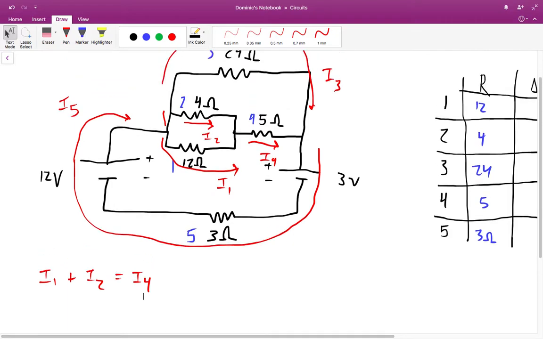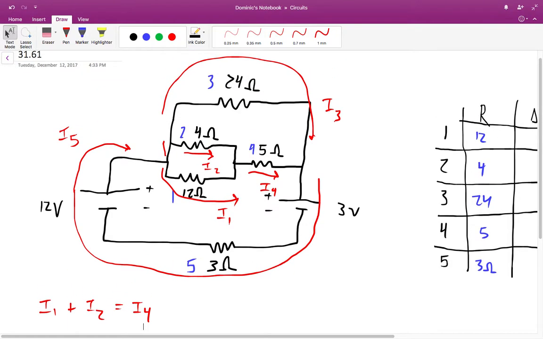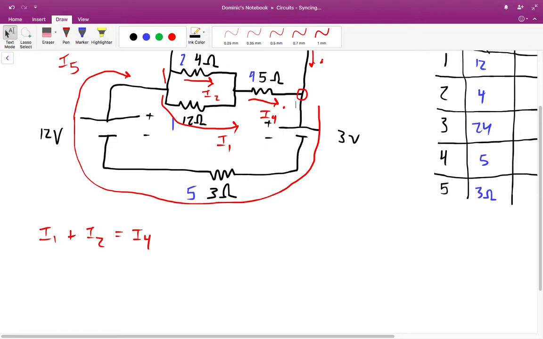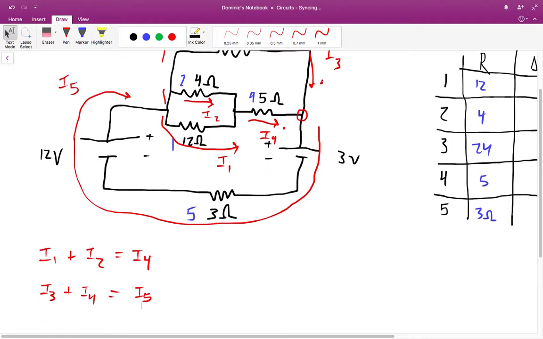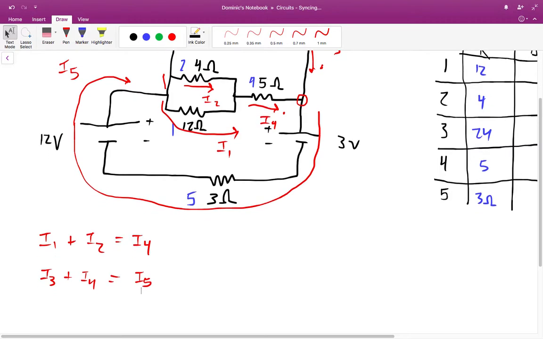Make sure that you can see those relationships. So I'm taking I3, which is up here, and adding it to I4 because of this junction here, and I should get I5. So I3 plus I4 equals I5. You may see other relationships, but I'm going to leave it at that for now, and we could come back to this if we need to.